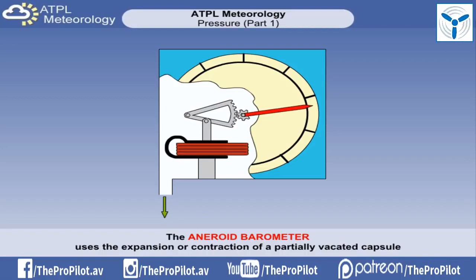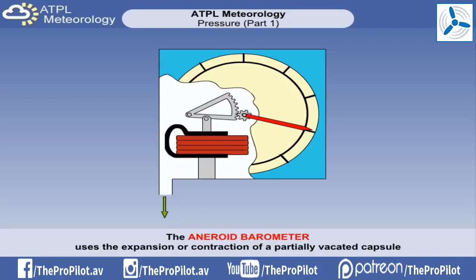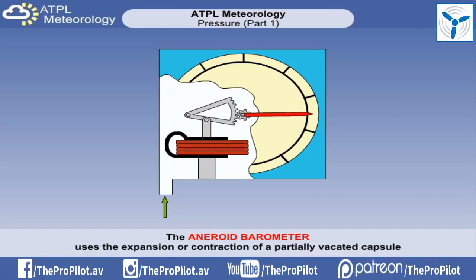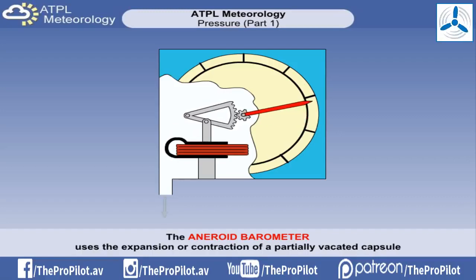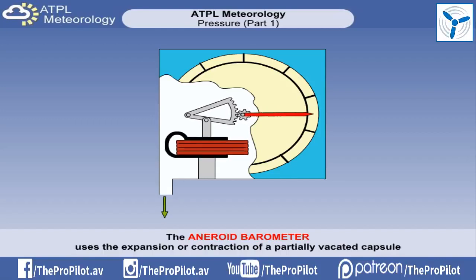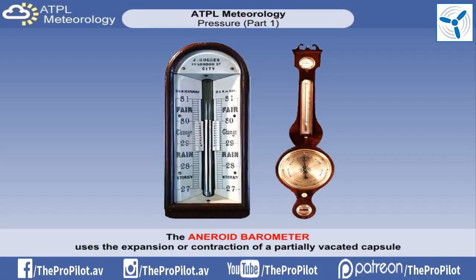Changes in air pressure make the chamber expand or contract, moving a needle on a dial. The dial may be scaled in millibars, inches or millimeters. These light and portable barometers are widely used in homes, offices and schools, and importantly for us, in aircraft.